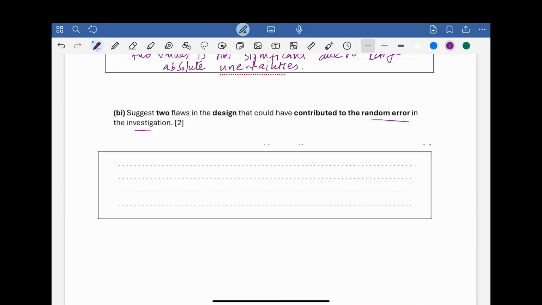So how can we remove it? By making sure they are of the same size.